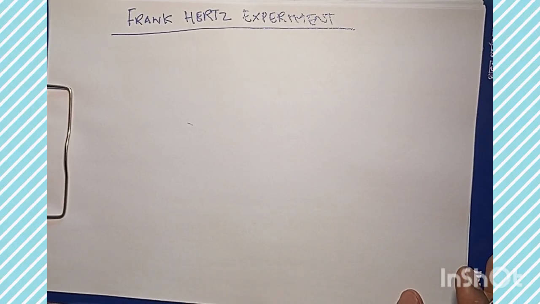So, dear students, in this video, we'll be talking about the Franck Hertz experiment. We have already talked about the existence of energy levels in an atom using the Bohr model, and we have defined some basic definitions like excitation potential and ionization potential.